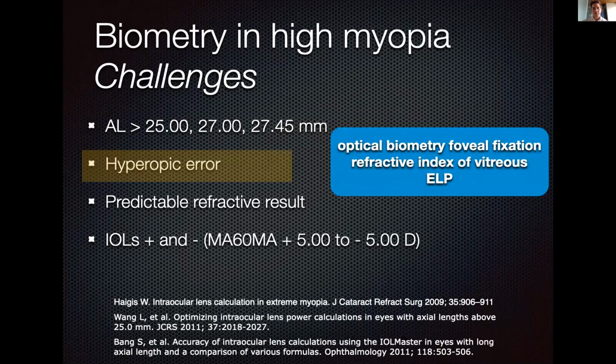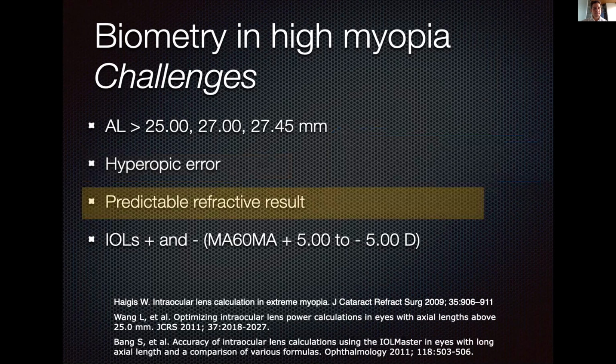There are some considerations about it. The optical biometry focal fixation is very poor in those myopic patients. The refractive index of the vitreous is different in the pathologic vitreous of these long eyes. And it's very difficult to calculate the effective lens position, which is not predictable.